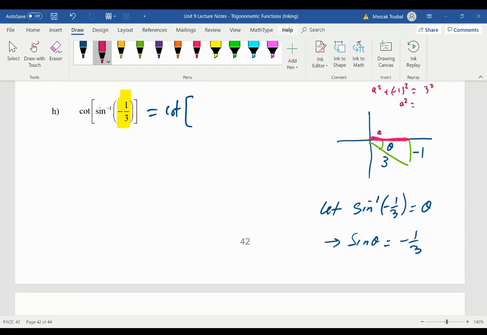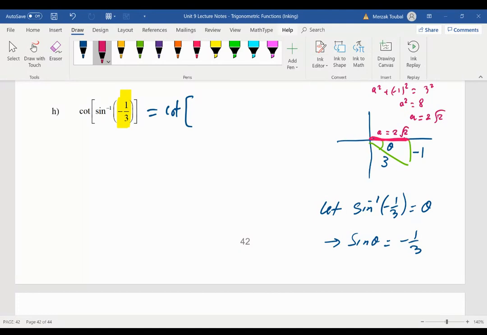So a squared equals 9 minus 1, because negative 1 squared is 1, which is 8. So a equals root 8, which is 2 root 2. Okay, good. So this will be 2 root 2.